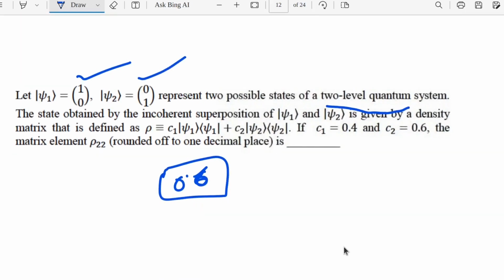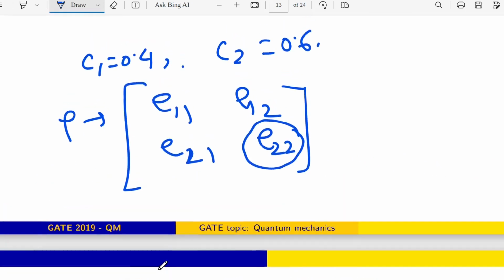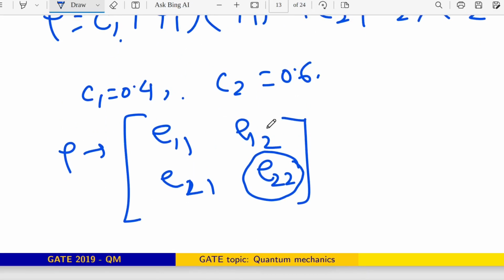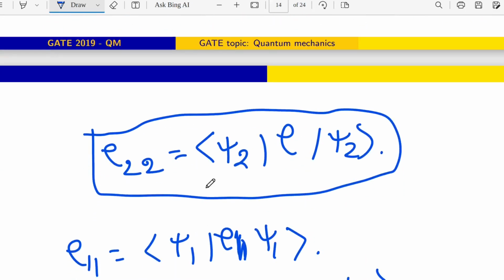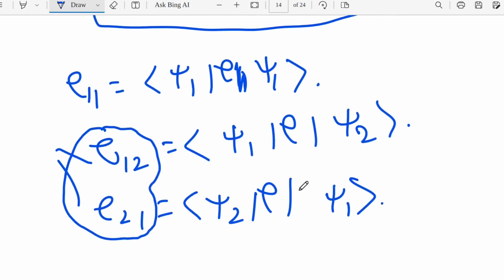So I'm just going to show these things again. This is psi 1 psi 2, then I'm going to write psi 1 psi 2. This is row, which is C1 psi 1 plus C2 psi 2. C1 is this one, C2 is this one, and row I can write like that: row 1 1, row 1 2, row 2 1, row 2 2. Then row 2 2 is like that, row 1 1 is this, row 1 2 and row 2 1 are this.